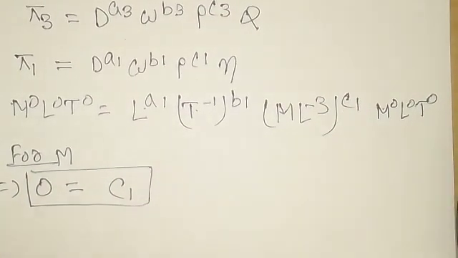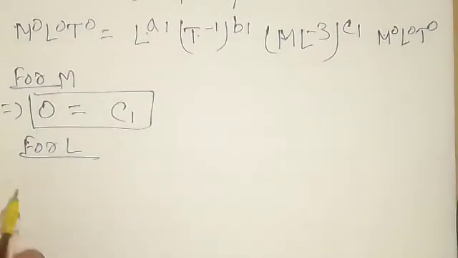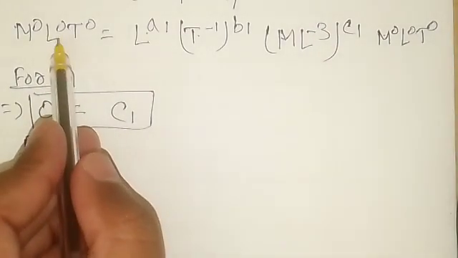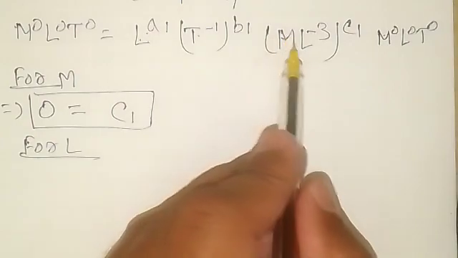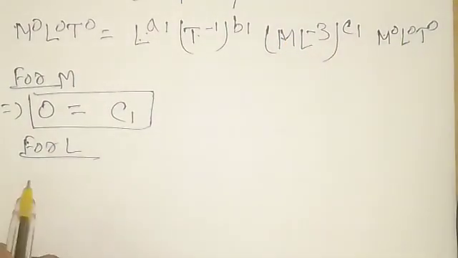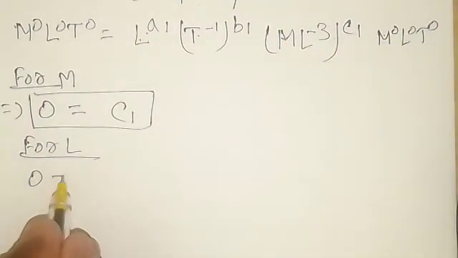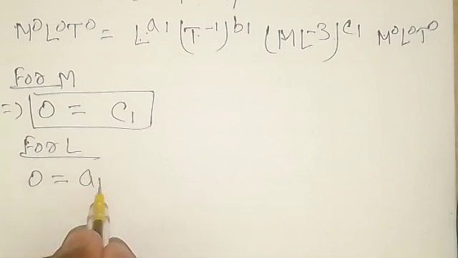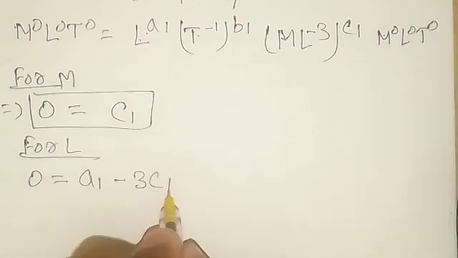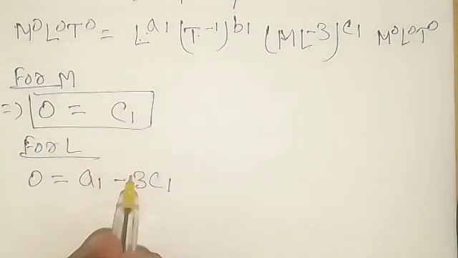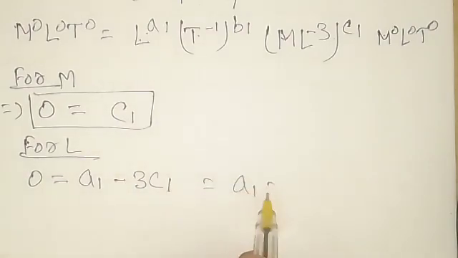Now for L, you can write. L power a1, L power minus 3c1, so you can say 0 is equal to a1 minus 3c1. Since c1 is equal to 0 from here, a1 is also 0.